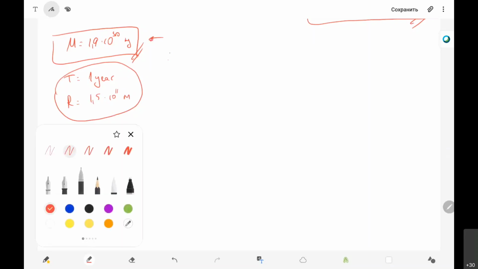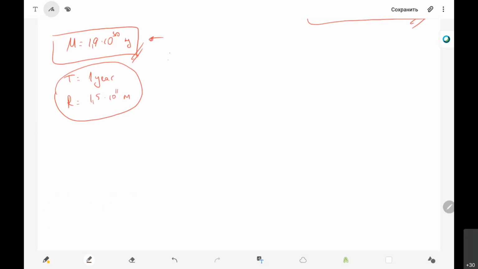Let's do it quickly. We know that G M m over r squared equals m times the centripetal acceleration, which is this one. So the mass of the Earth cancels, and one of the radius cancels: G M over r equals v squared.